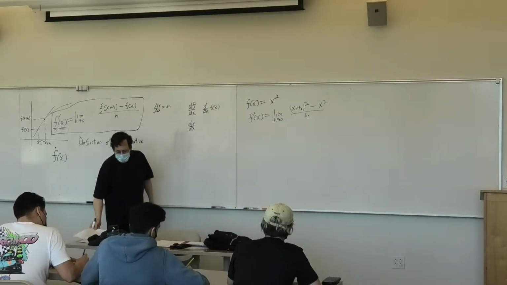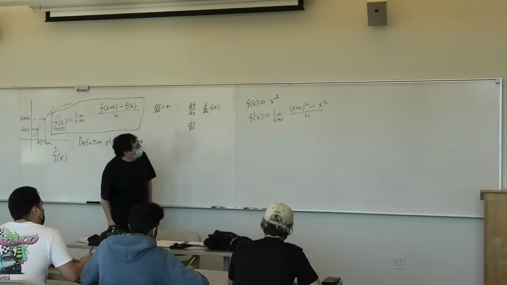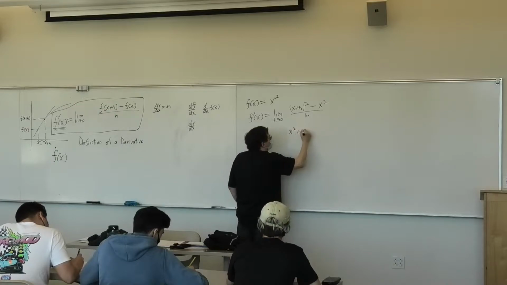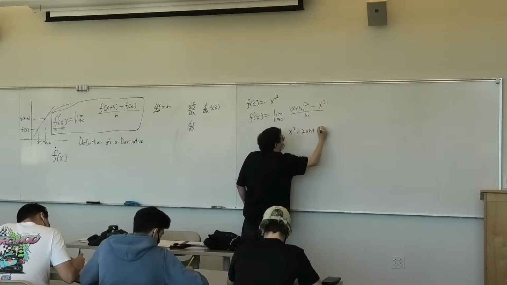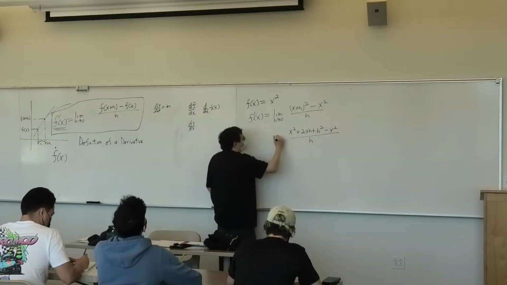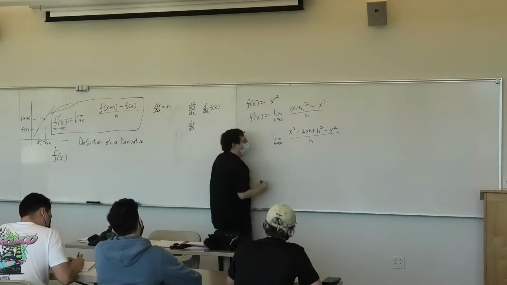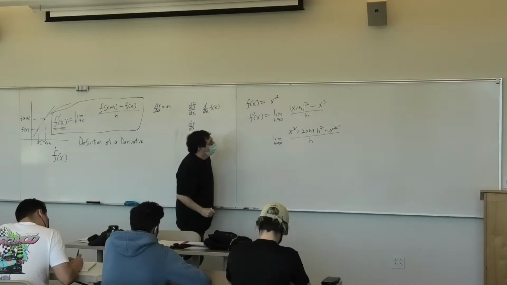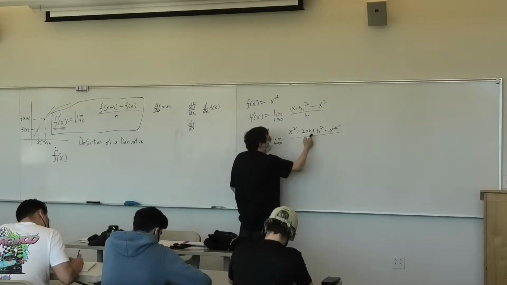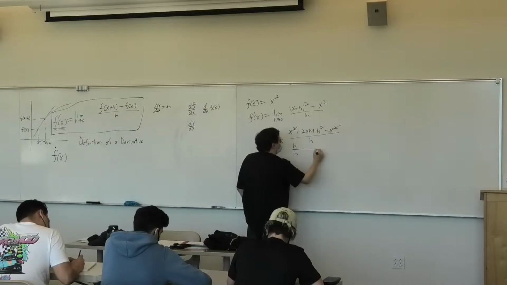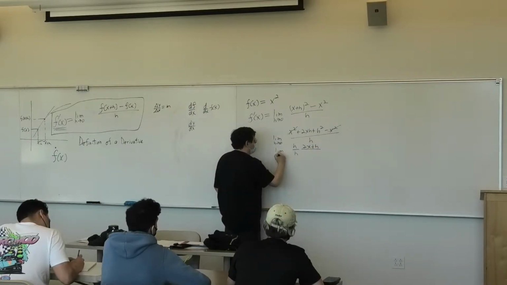All right, so now we just need to evaluate our limit. Well, we do a little algebra here. We get x squared plus 2xh plus h squared minus x squared over h. And the x squareds cancel. And we can take out a factor of h here. So we end up with what? 2x plus h, this limit.